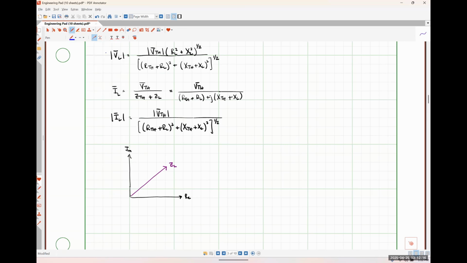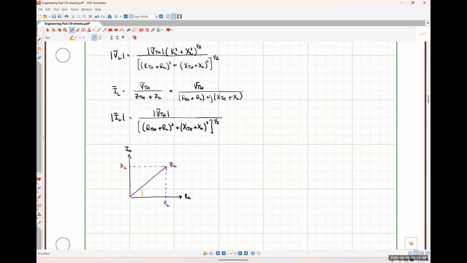Well, the projection of this load impedance onto the real axis is just RL. And the projection of this impedance onto the imaginary axis is just XL, right?